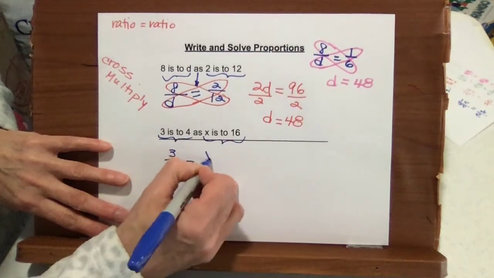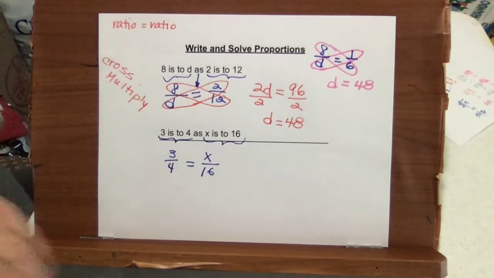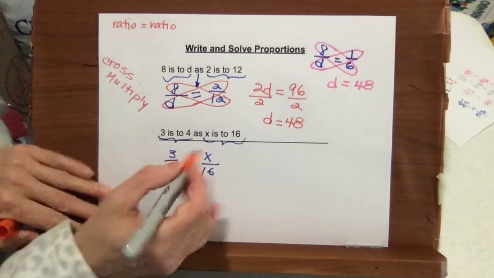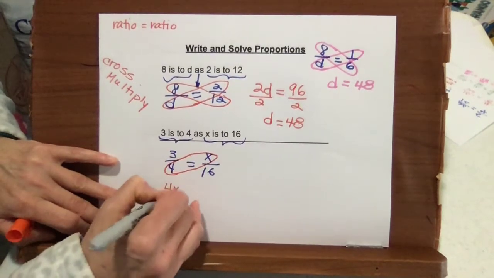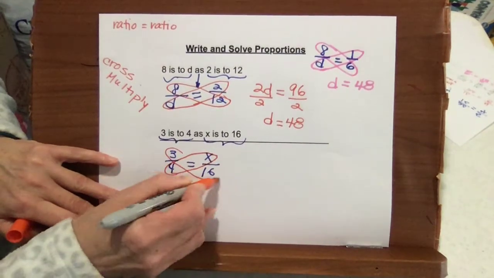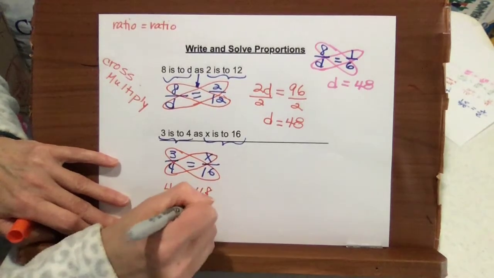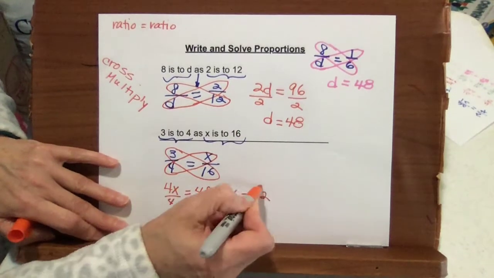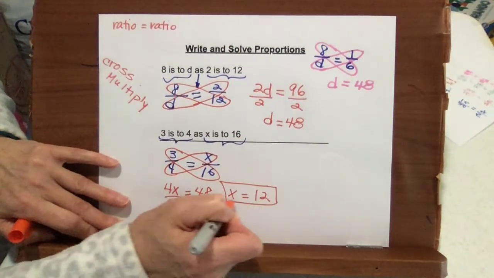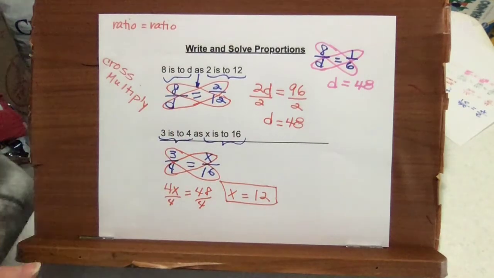X is to 16, so x/16. We're going to cross multiply 4 times x, so 4x equals, and 3 times 16 is 48. Divide by 4 on each side, so x equals 12. And that's our final answer. So that is how you write and solve a proportion.